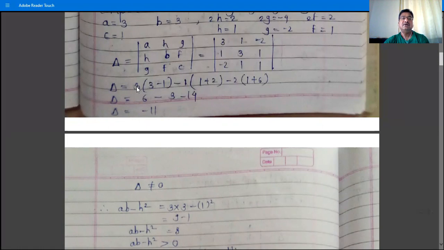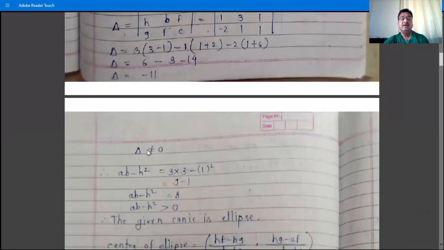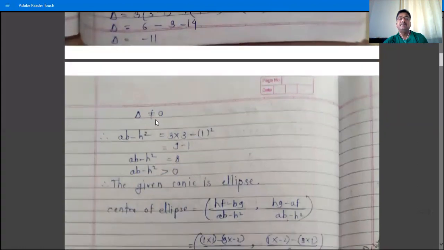So we have 3 into 2 is 6, and 3 into minus 1 is minus 3, and 6 plus 1, 7 into minus 2 is minus 14, so the answer is minus 11, and so delta is not equal to 0. So in order to determine the nature, we now find ab minus h square.